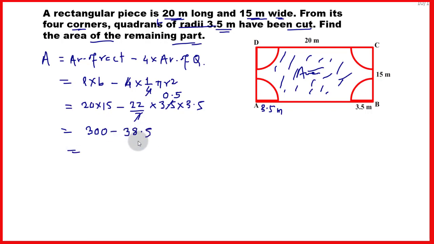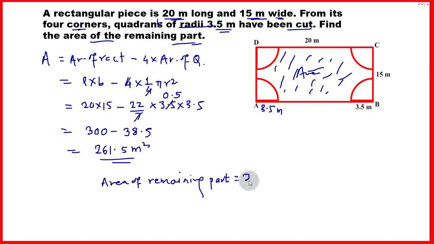So 300 minus 38.5 will be 261.5 square meter, and therefore at the end you write the answer as area of remaining part is equal to 261.5 square meter.